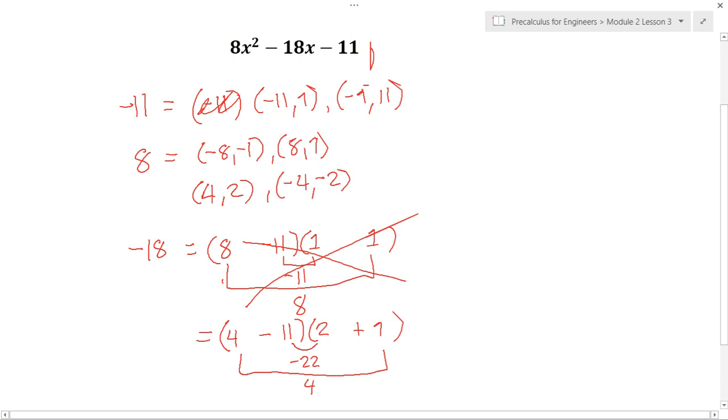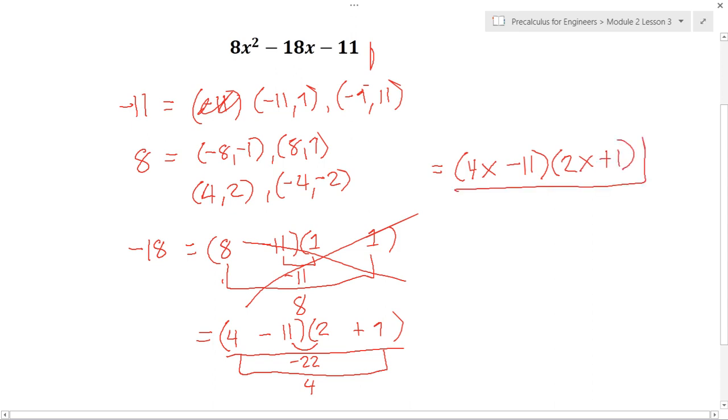Then, we know that negative 22 plus 4 is equals to negative 18. Therefore, this is our perfect combination. So our answer would be 4x minus 11 multiplied by 2x plus 1. So ganun lang, class.